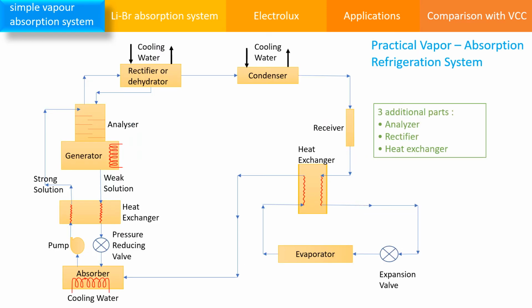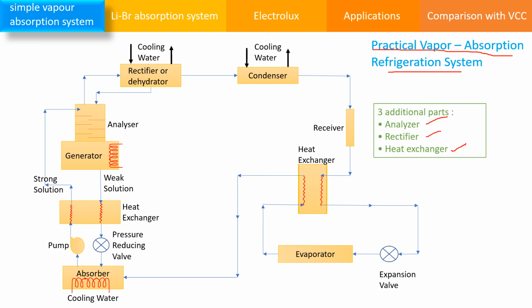Now we will see the practical vapor absorption system. So what does this mean? There are three additional components in the practical vapor absorption system, and they are very essential. The first one is the analyzer, then there is a rectifier, and then there is a heat exchanger.